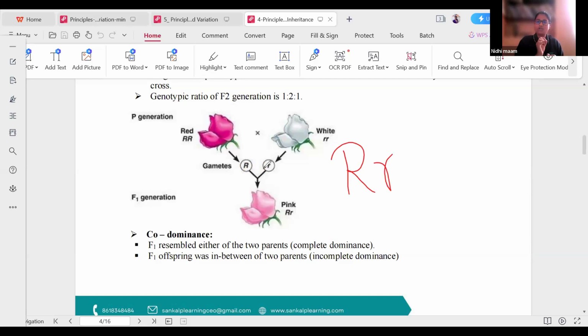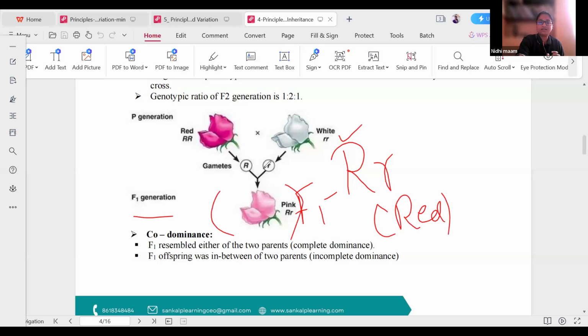So actually what we think, as red is dominant, the F1 generation plants will be having red color flowers. It is according to law of dominance designed by Mendel. But to our observation, we got pink color flowers.